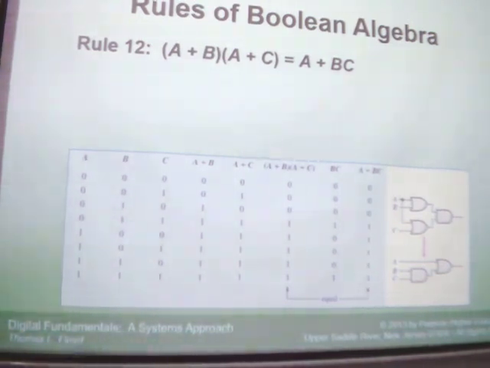There are 12 rules about Boolean algebra, but we only need to remember rule 10, rule 11, and rule 12.